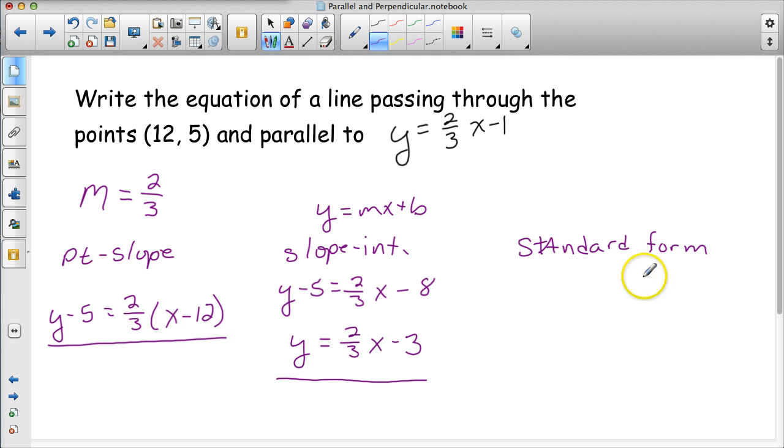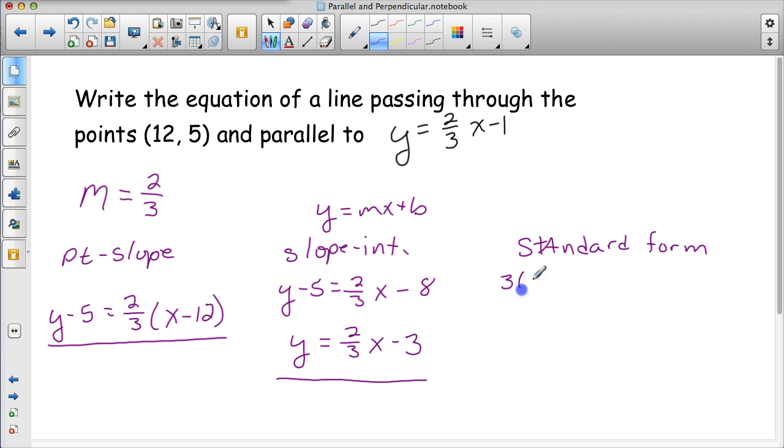Now if I want to write it in standard form, the first thing I'm going to do is move my 3 so that I can get rid of my fraction. I do that simply by multiplying both sides of my equation by 3.